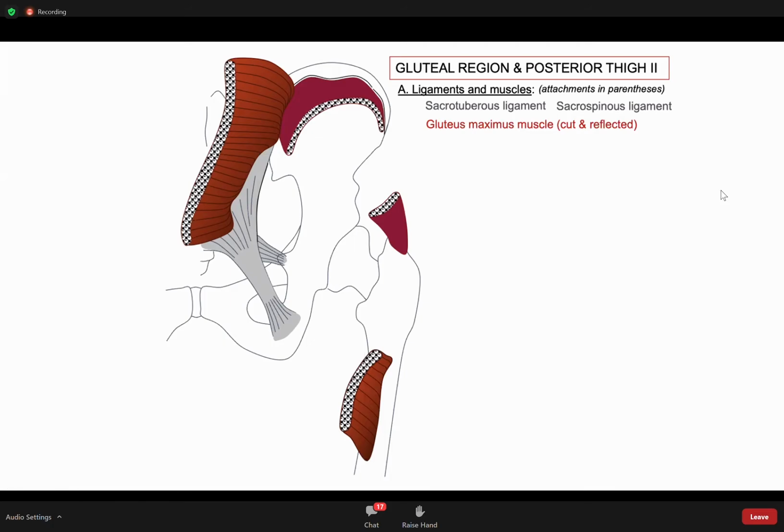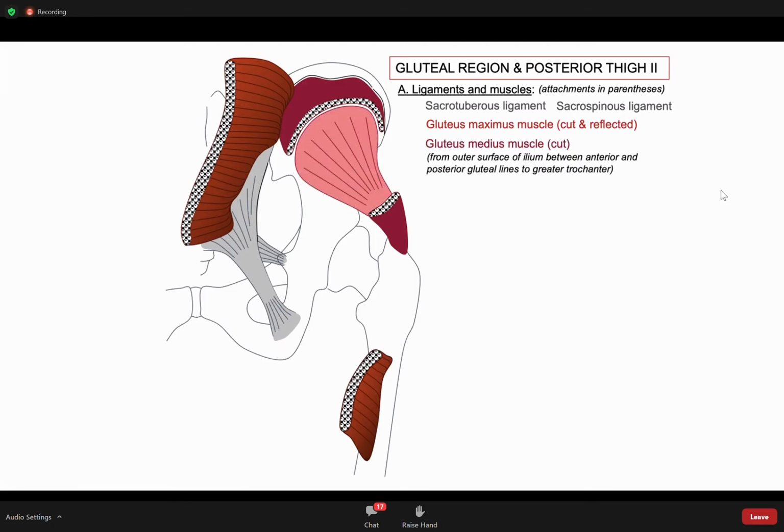So on top was gluteus maximus, then you are looking at the medius, and I have removed some part of that. Going further, this is inside that. If I don't deflect this medius, I cannot see the minimus. Can you see the difference in colors?